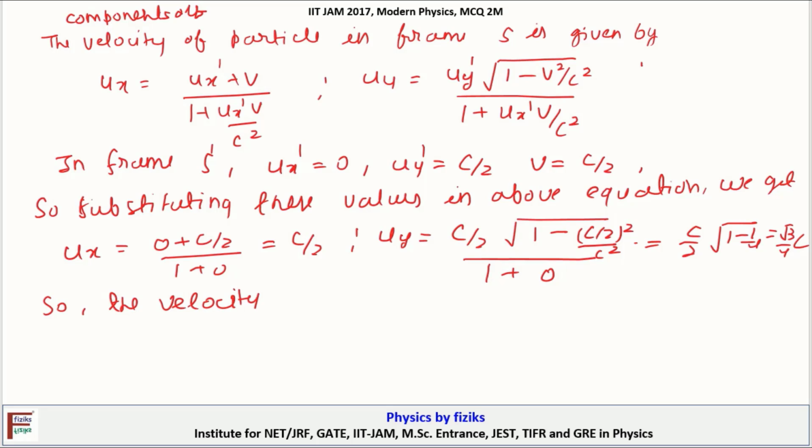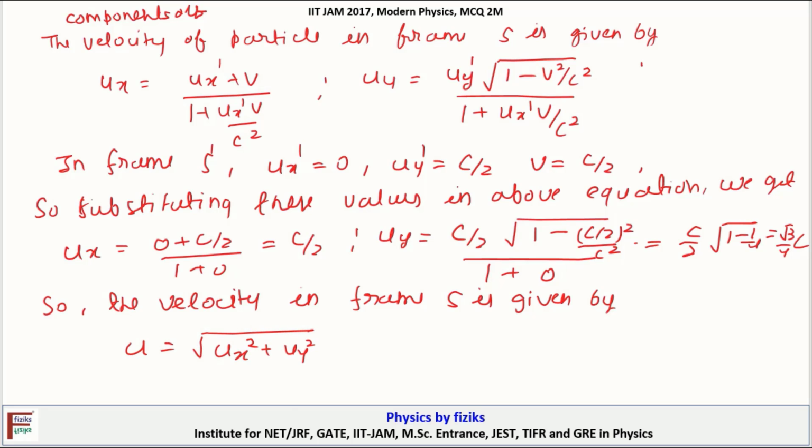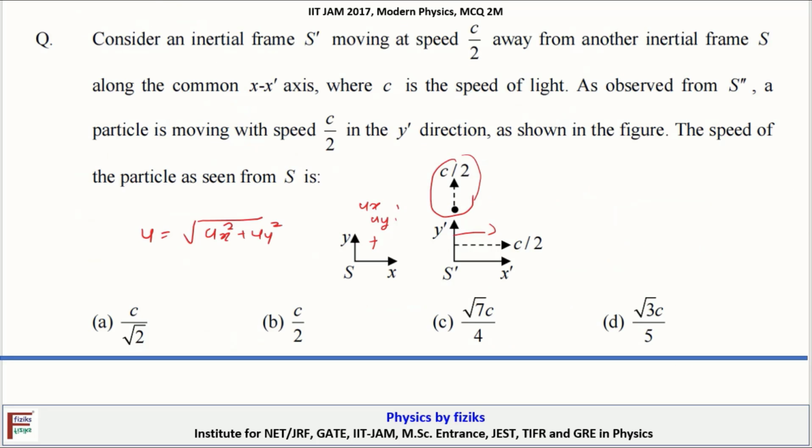The velocity in frame S is given by u equals the square root of ux square plus uy square, that is, (c/2) square plus (root 3 by 4 c) square, which equals root 7 by 4 c. So our correct answer would be option C.